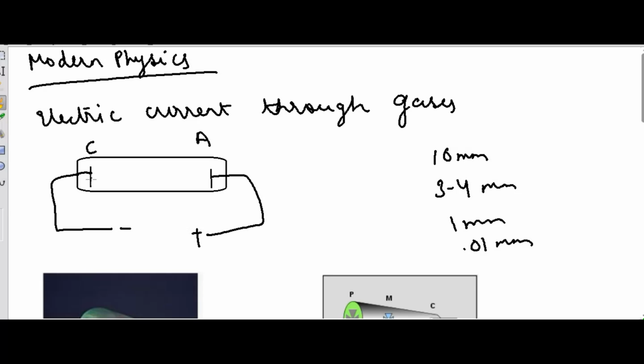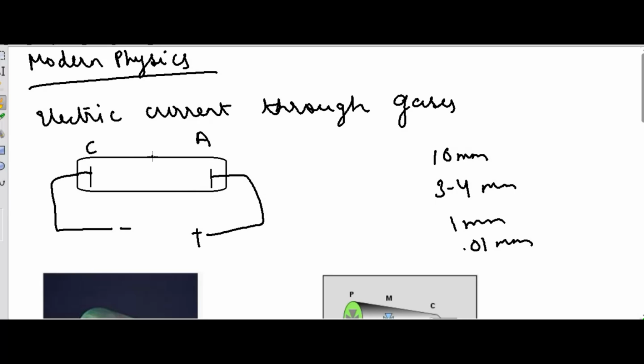A very high potential difference is applied between these electrodes. This is known as the cathode, which is connected to the negative terminal, and the electrode connected to the positive terminal is known as the anode.